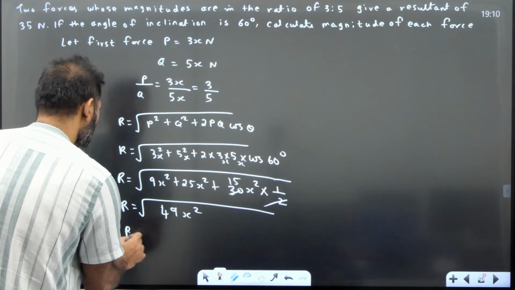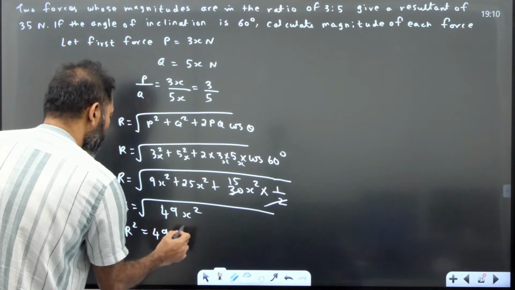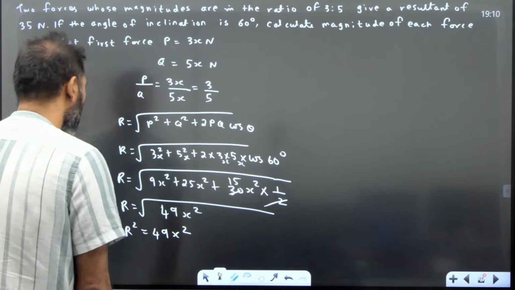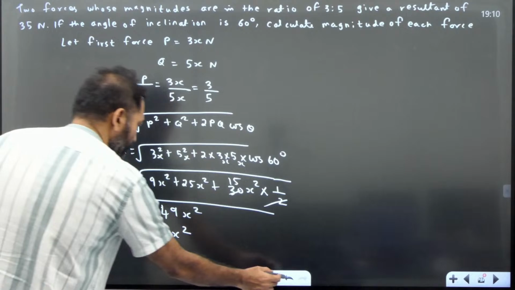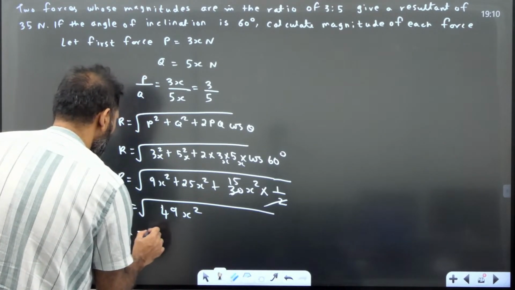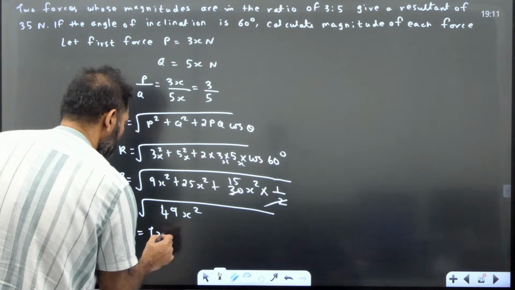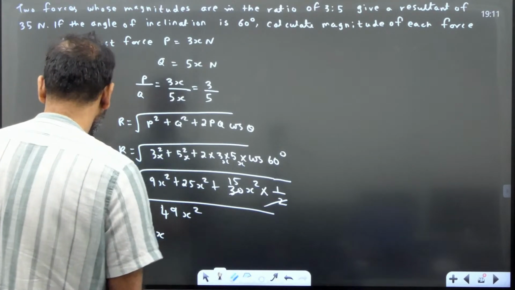So R square equals 49x square, and R equals root of 49x square, which is 7x.